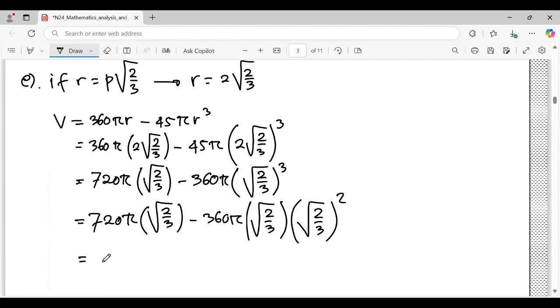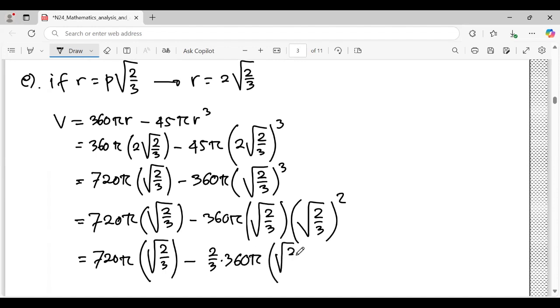So after that, I'm going to write square root 2/3 like this, minus, and this is 2/3, so 2/3 times 360 pi square root 2/3, like this.